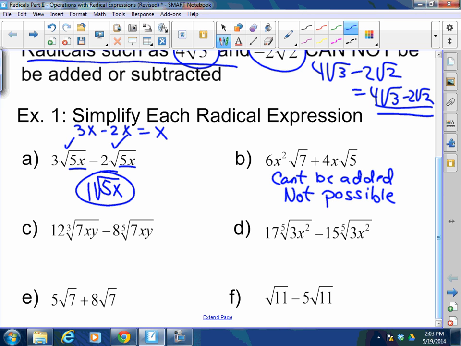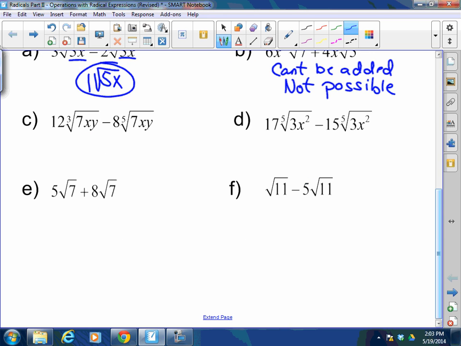You don't say no solution, guys. It's not an equation, so there would not be a solution. How about C? 12 cube root of 7xy minus 8 fifth root of 7xy. Not possible because they have different indexes. Very awesome. Way to pick up on this quickly.